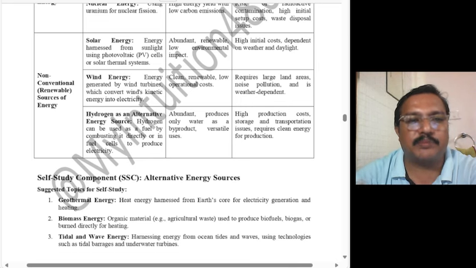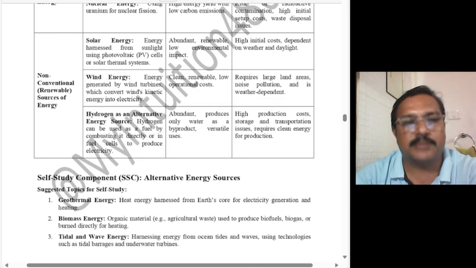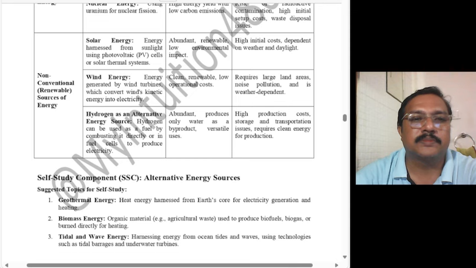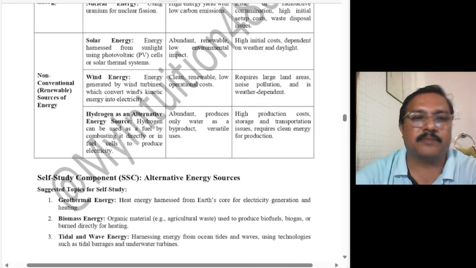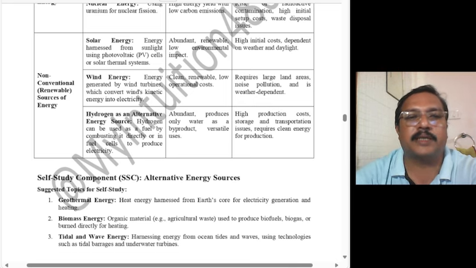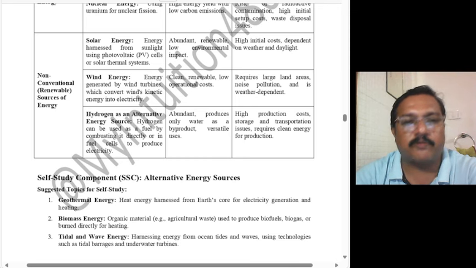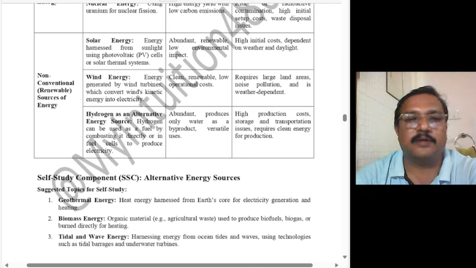Solar energy can be captured using solar cells or photovoltaic cells, which directly turn sunlight energy to electricity, or solar thermal systems, which use the sun's heat to produce electricity, to prepare warm water, or even to produce steam, run the turbine and get electricity.